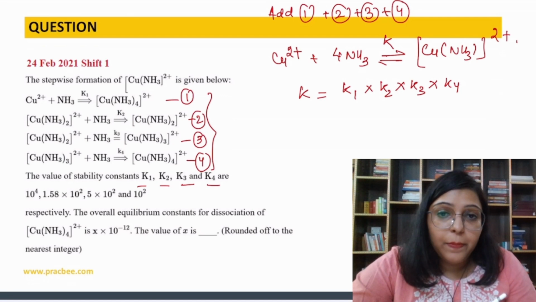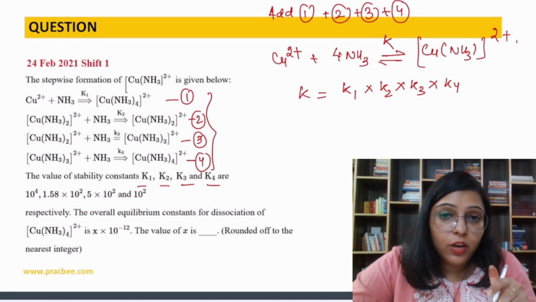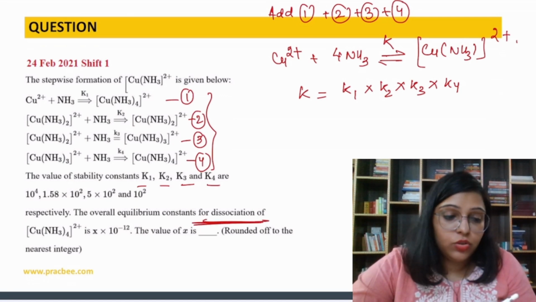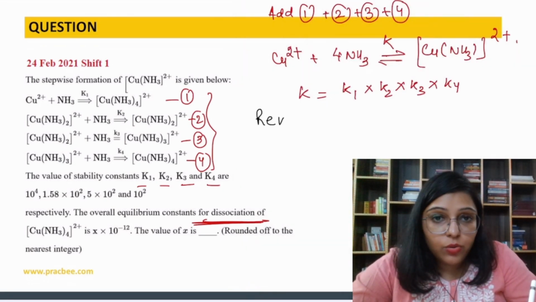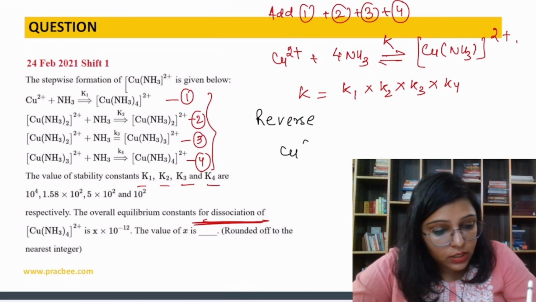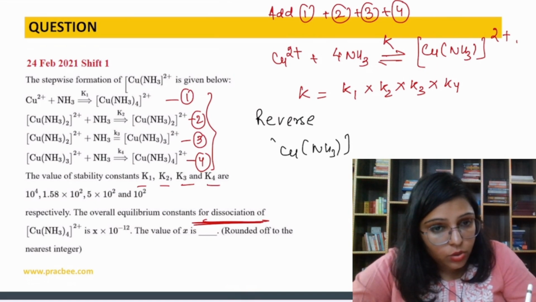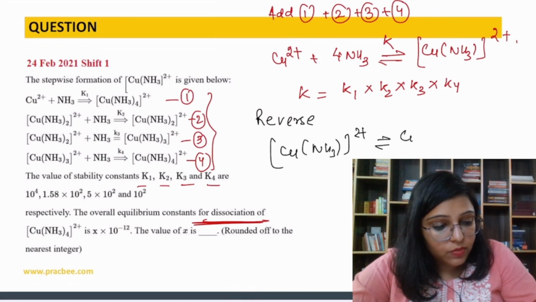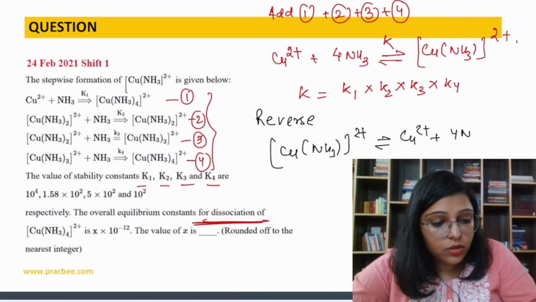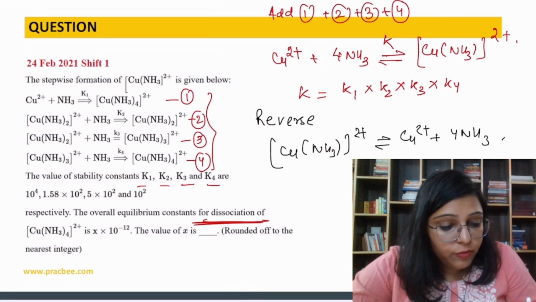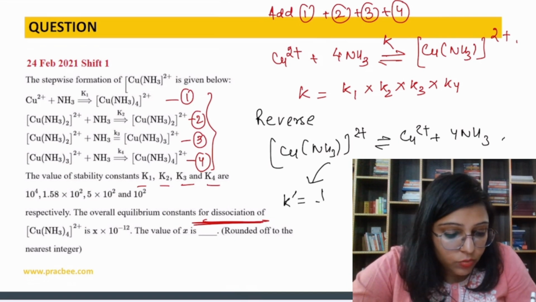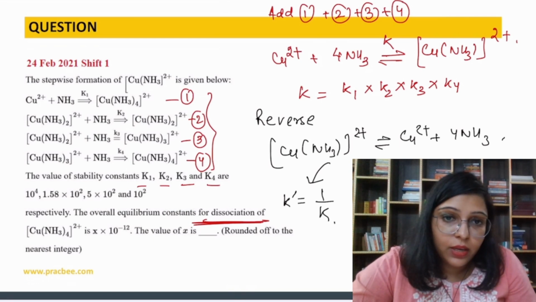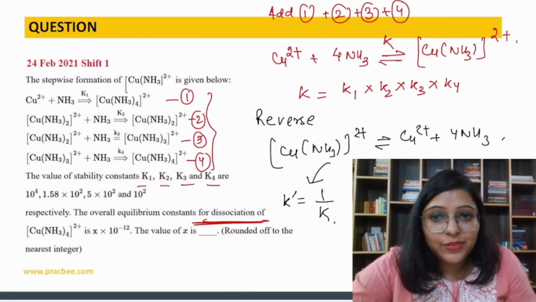Okay, but the question says the overall equilibrium constant for dissociation. Dissociation means you have to reverse this reaction. So Cu(NH3)4 2+ is in equilibrium with Cu2+ plus 4NH3. You have to find out for this one. So for this one, K dash is equal to 1 by K. Now you have to solve, right?